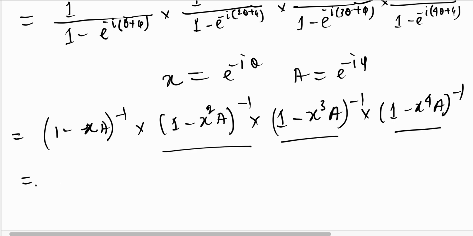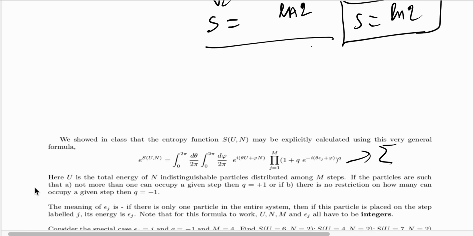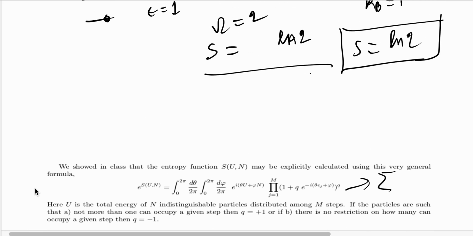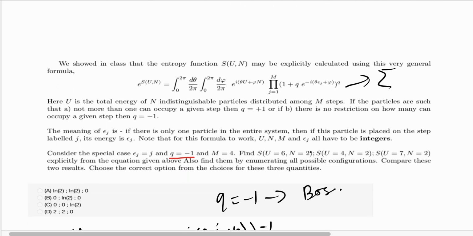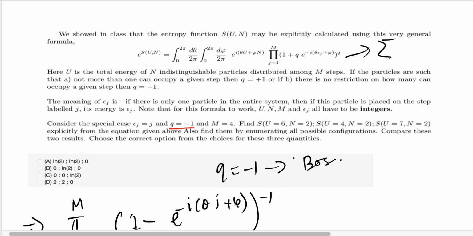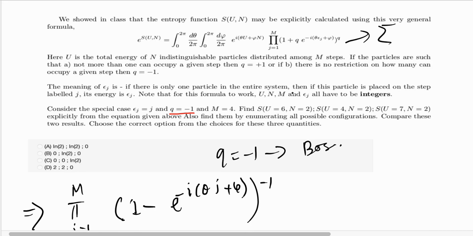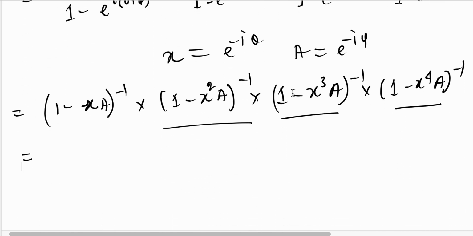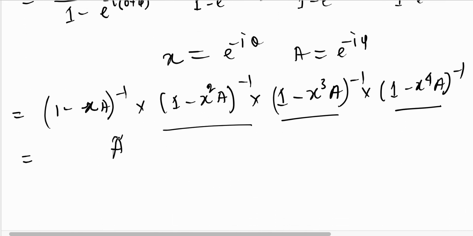Okay, so from the experience of the previous problem, we know that only two particles are there. That rings a bell in our mind that we only have to keep terms up to order a squared, because the only term which will survive the integration is the a squared term.